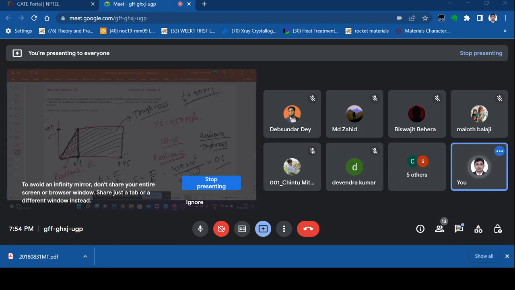And for toughness, we have to add this also, this whole thing, plus 0.45 minus 0.1 into 450. So just calculate this and this will be our ratio.